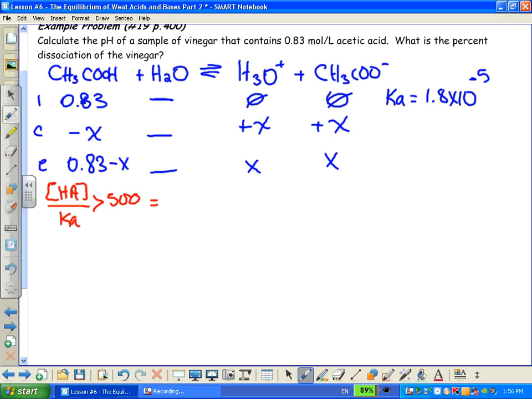So in this case, it's going to be 0.83 divided by our Ka that we looked up in the back of our textbook, which would be 1.8 times 10 to the negative 5. If you put that in your calculator and it ends up being greater than 500, what that means is we can ignore the change in our initial concentration of our acid.